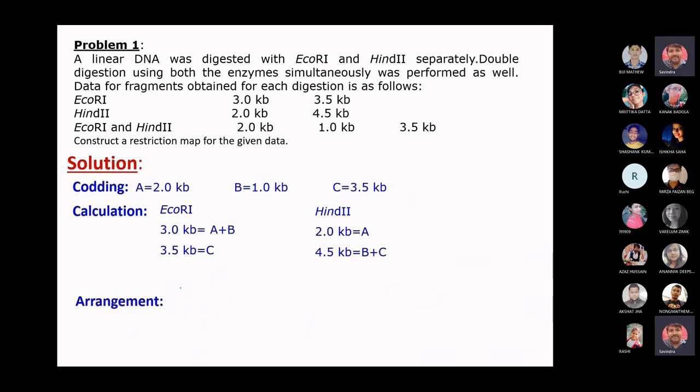Based on this information, we have to arrange these restriction fragments accordingly. Before starting the arrangement, you must know that all those codes, A, B, C, should be mentioned here as well as here.